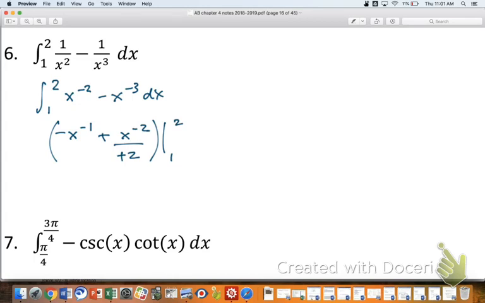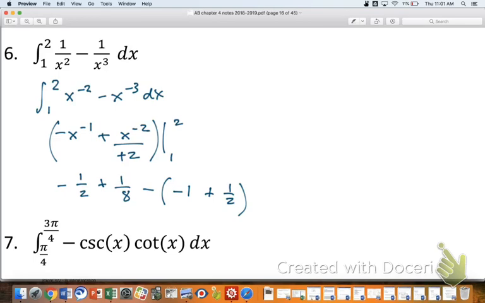So I plug in the 2, and are you guys okay if I just write this as negative 1/2? And then I plug in the 2 into the other part. So it looks like this becomes plus 1/8. Yeah? Okay. Minus, now I just need to plug in the 1. So this would be negative 1 plus 1/2.